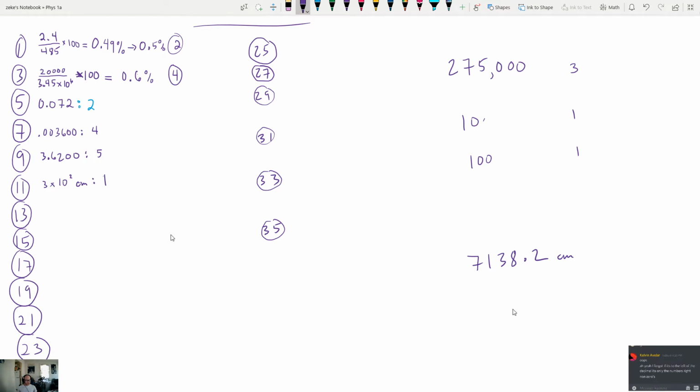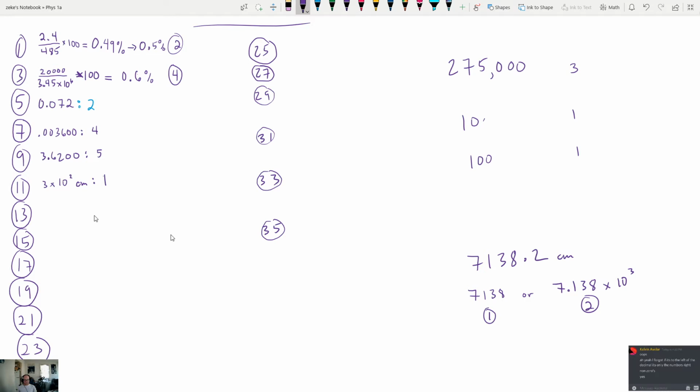I would argue that there's 2 different ways to write this using 4 sig figs. You can either write it as 7138 or 7.138 times 10 to the 3. And both of these options are available, I believe, right? This is option number 2, and this is option number 1, right?